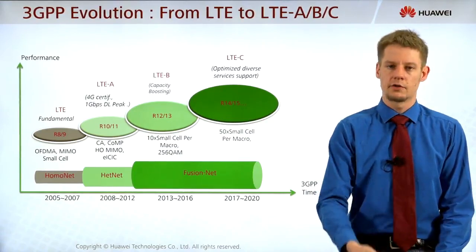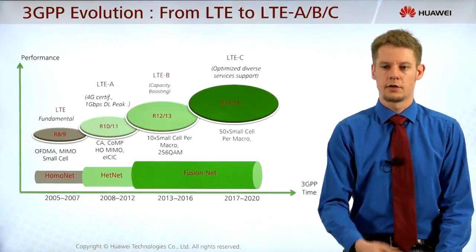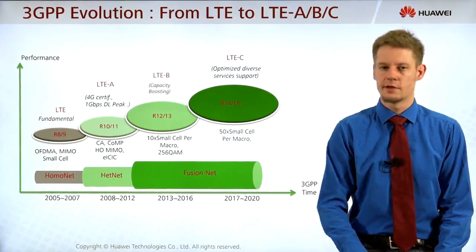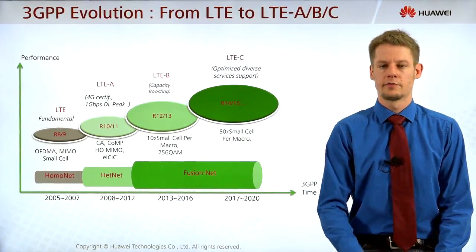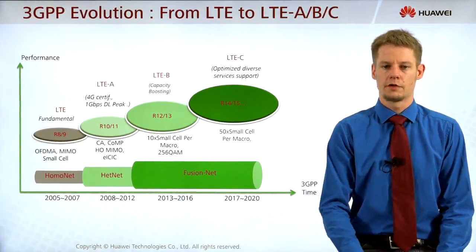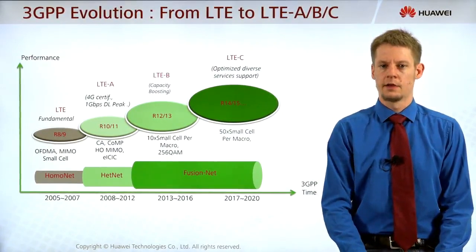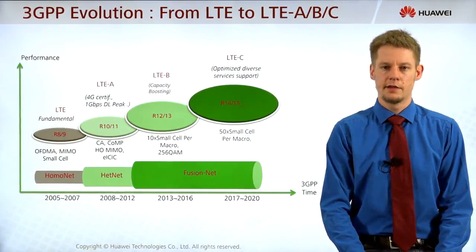And in general, the network is going more and more to a heterogeneous network. This means that per macrocell, we have more and more small cells, femtocells, picocells, things like this. With LTE-B and LTE-C, we will have a further and further increased number of small cells per macrocell.